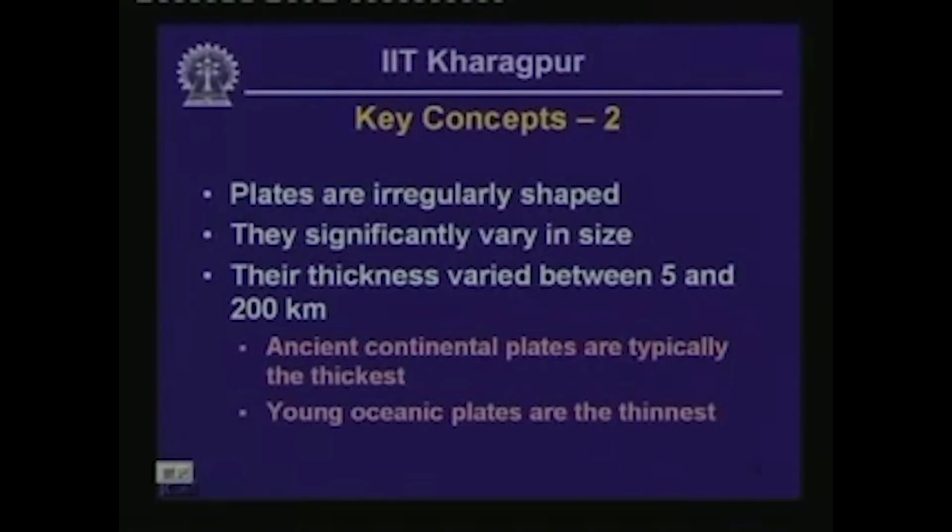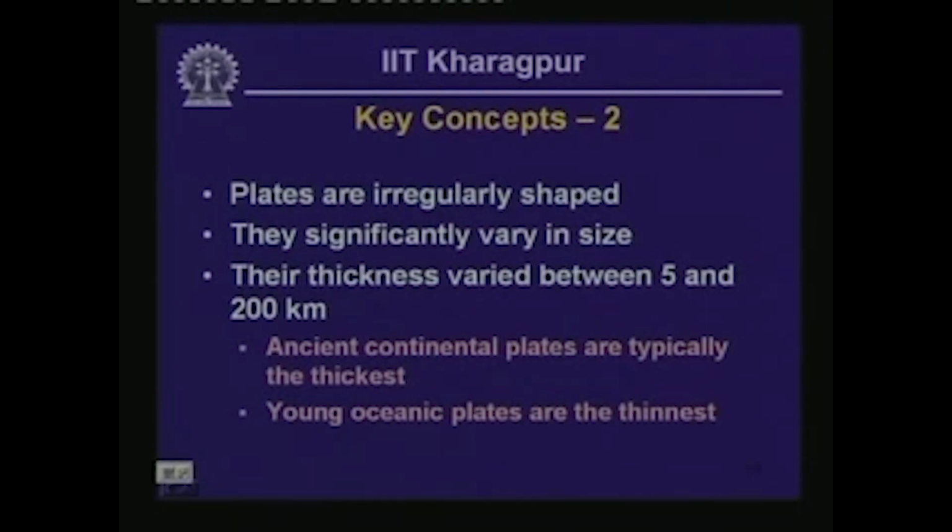You must have seen that when a pot of milk is heated, a crust-like thing forms at the surface of the milk, and that is very similar to what we are talking about here as crustal plates. And these plates are irregularly shaped, they significantly vary in size, and their thickness varies between 5 and 200 kilometers.